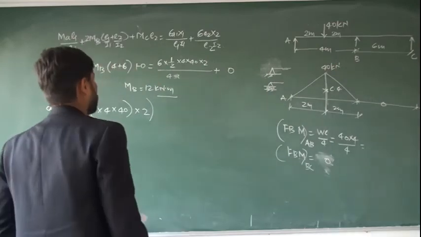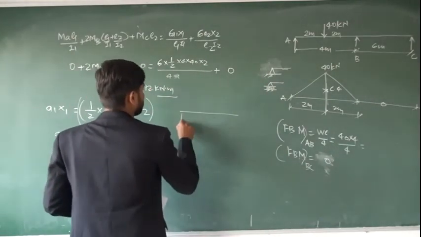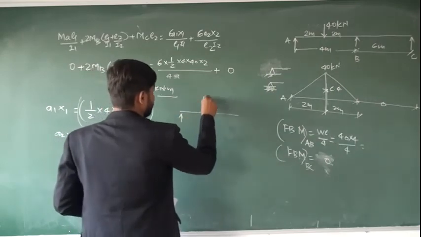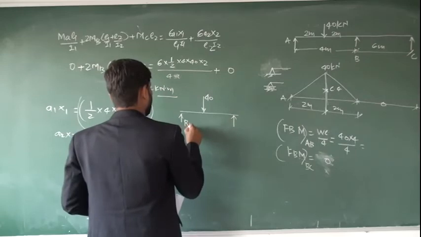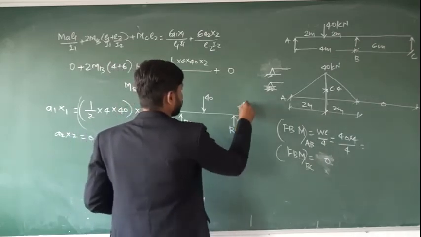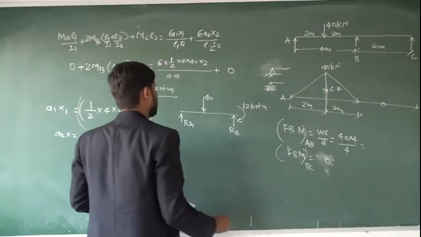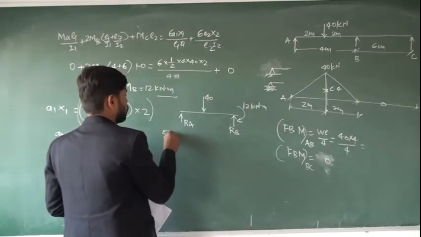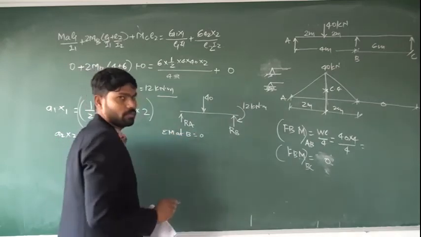Okay. Now we have to find out the reactions. Reaction first. RA, RB, and this is the moment MB, 12 kilonewton meter. So taking summation of moments at B and equating it to 0.